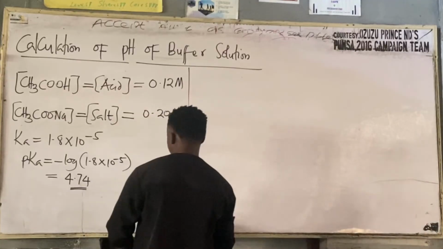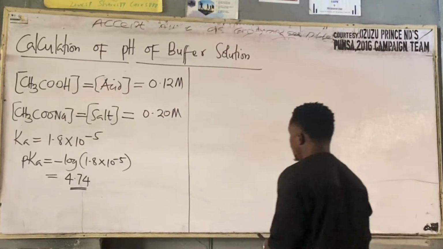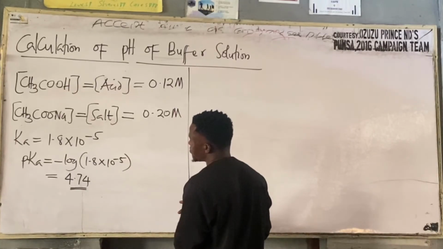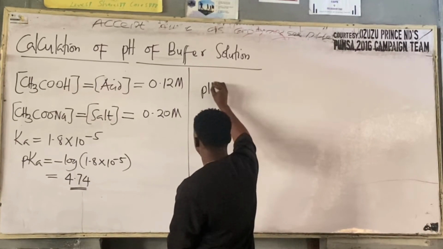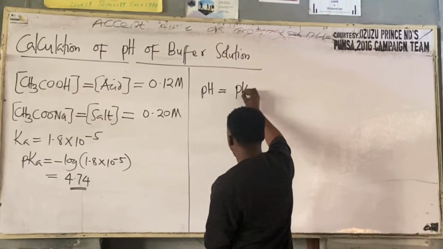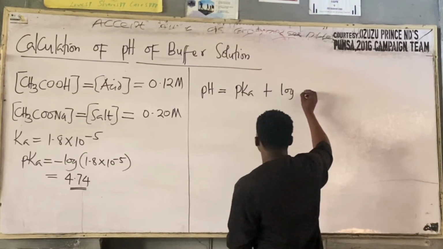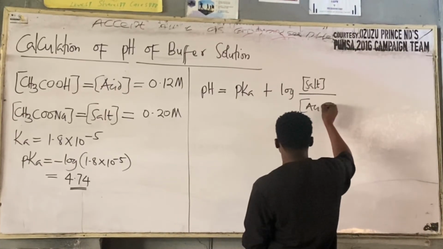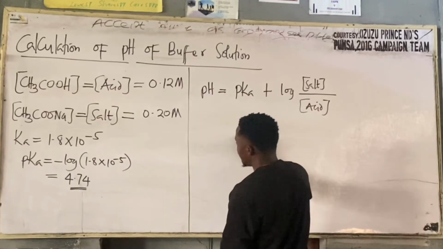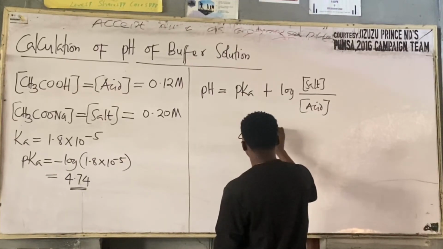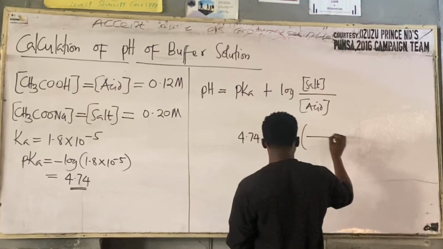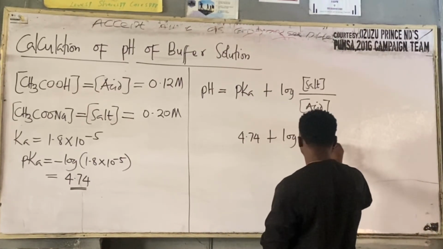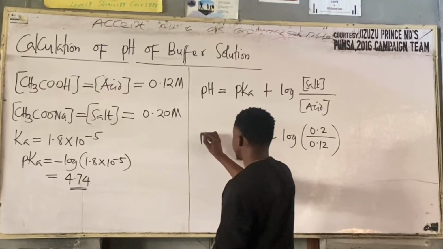The next thing we're going to do is say pH equals pKa plus log of the salt all over that of the acid. Now this is 4.74 plus log. The concentration of salt is 0.20, and that of acid is 0.12. So please evaluate this for me.